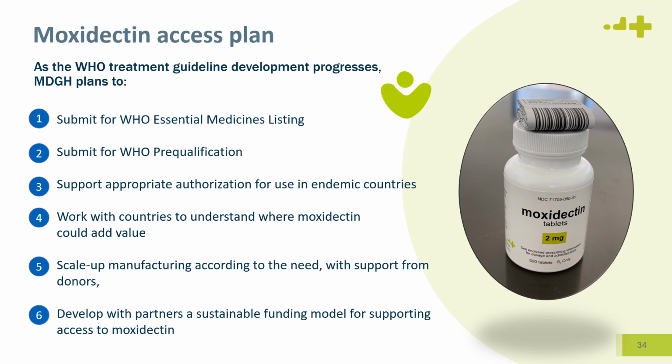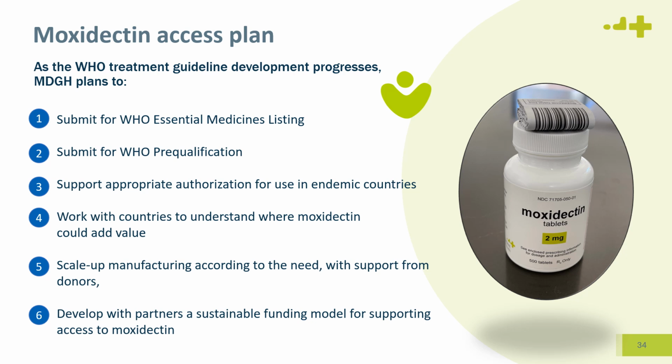The first step will be to submit to the WHO Essential Medicines listing, the next round of review. With the issuing of an expression of interest, Medicines Development will also submit to the WHO for pre-qualification. We're also investigating how to support appropriate authorisations for use in endemic countries.